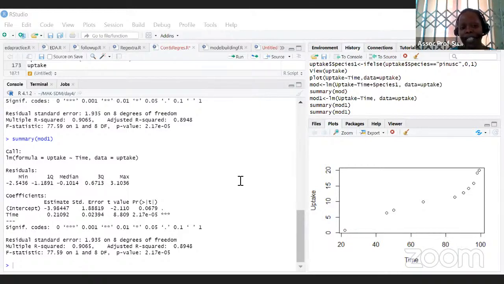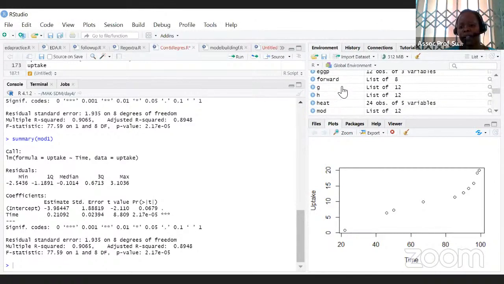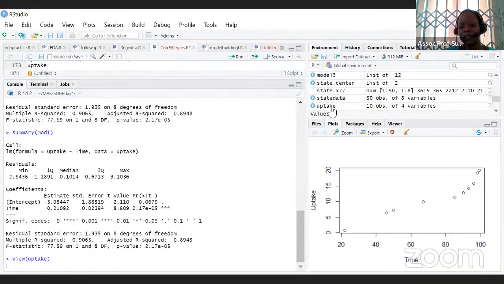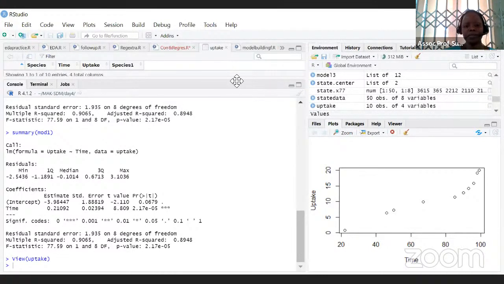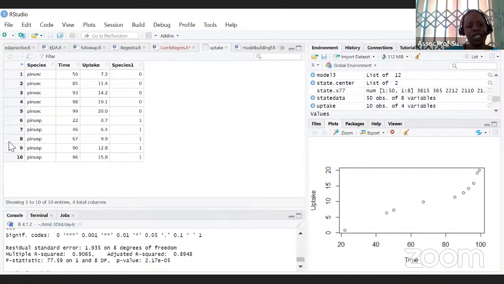So in our data set here, if I go back to the environment window and open uptake, we see in the RStudio window uptake, time, and species, where our dummy variable has 0, 0, and 1.